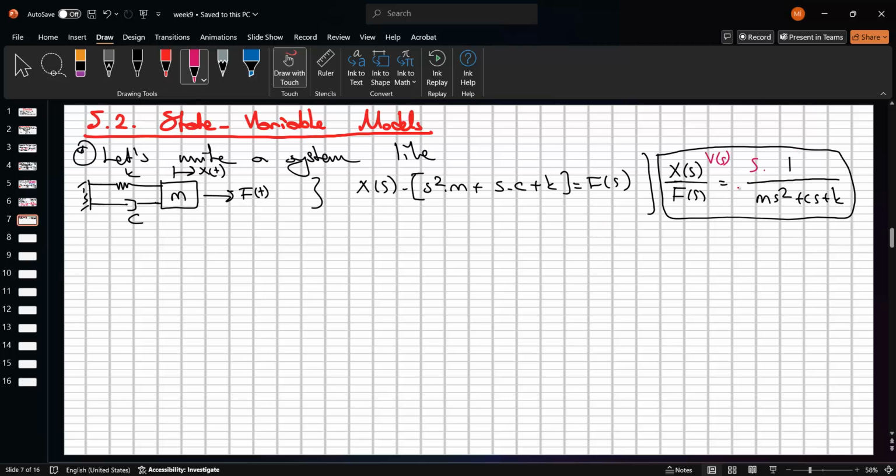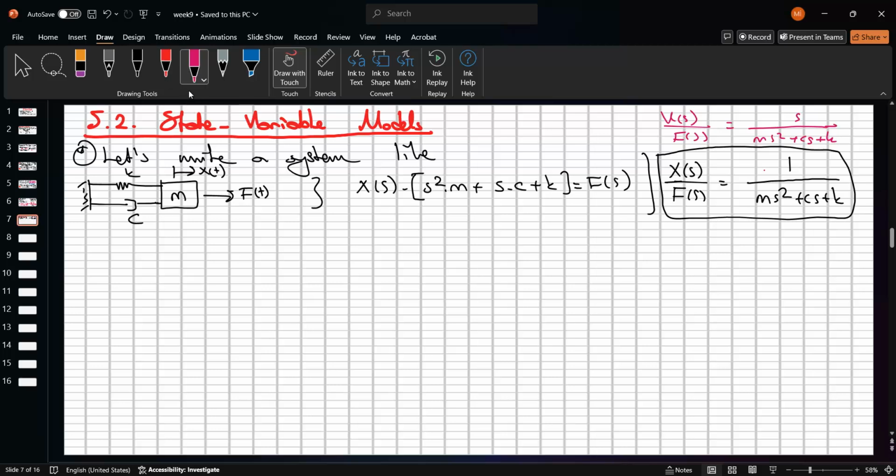In order to obtain V(s), we can write V(s)/F(s) equals s divided by ms squared plus cs plus k. Okay? So we need to build two transfer functions to obtain the velocity or the position.